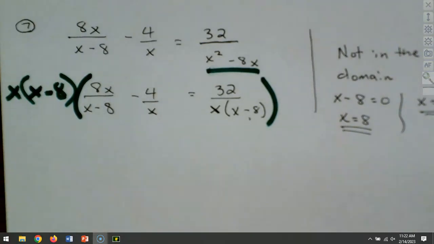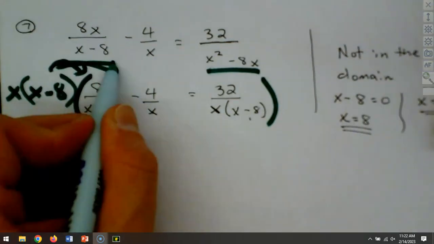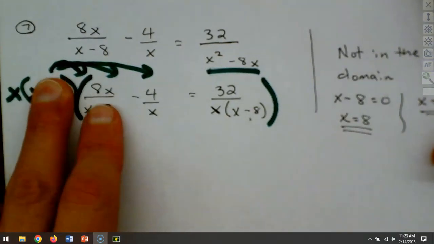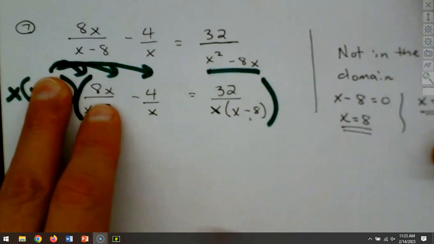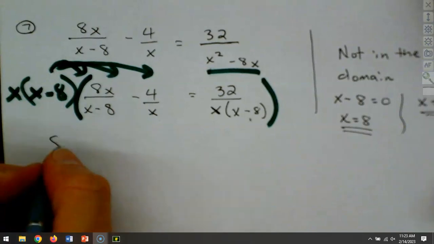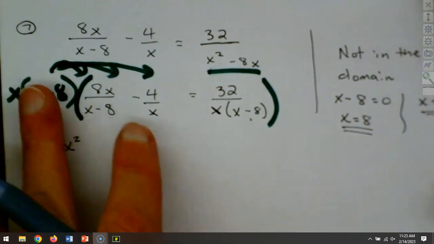Now we'll go ahead and finish it. So distribute through. Take your time and cancel. So when I distribute through, the x minus 8's, those cancel, don't they? So the first piece is simply going to be 8x squared. Right? So those canceled there.